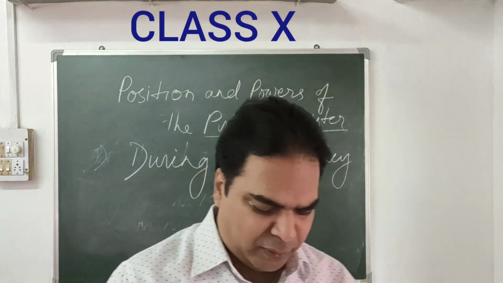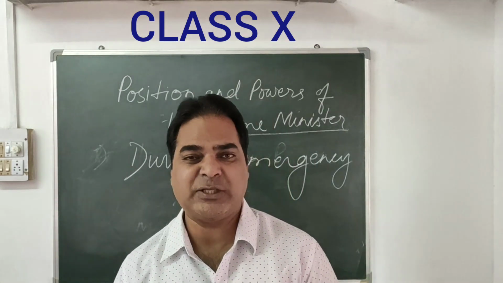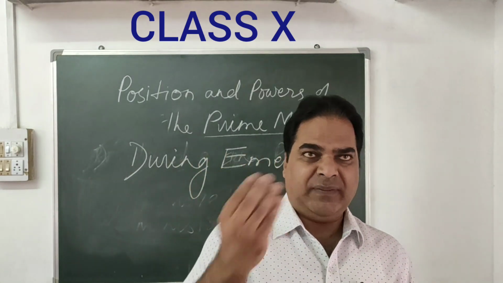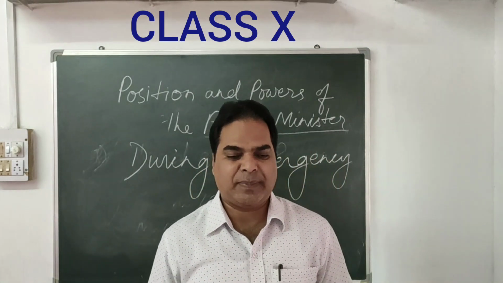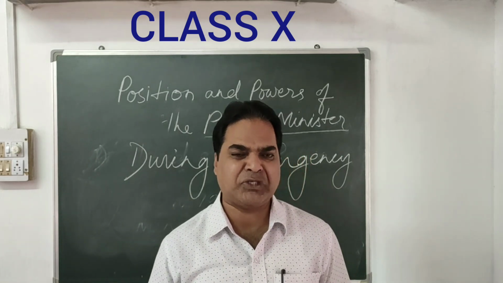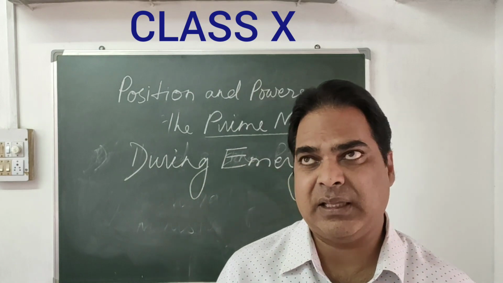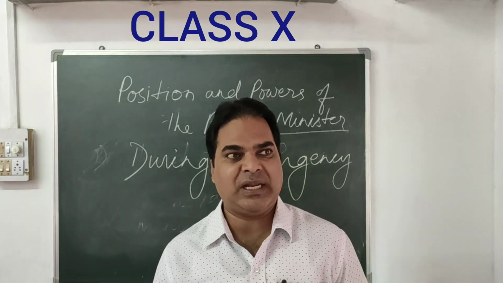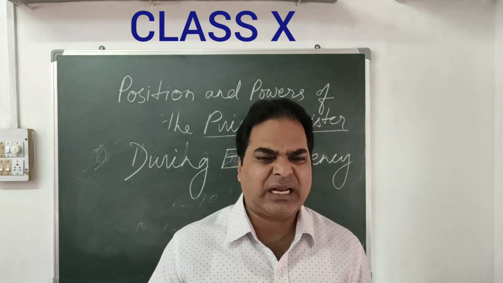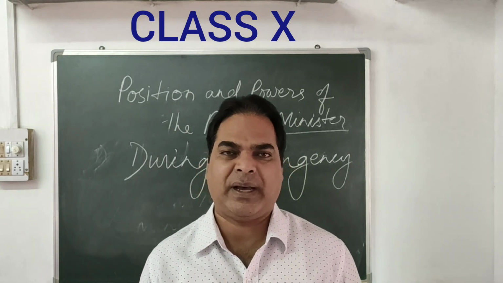What is the role of a Prime Minister during emergency? As you know, in the previous class I discussed three types of emergencies: national emergency, financial emergency, and constitutional emergency. During that period, what type of role is played by our Prime Ministers?